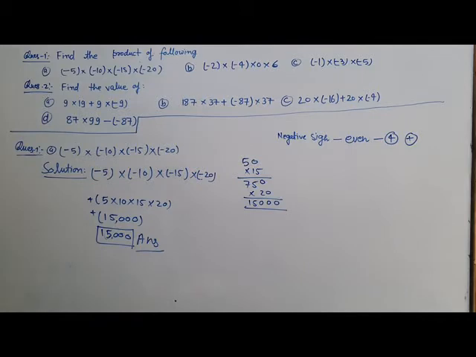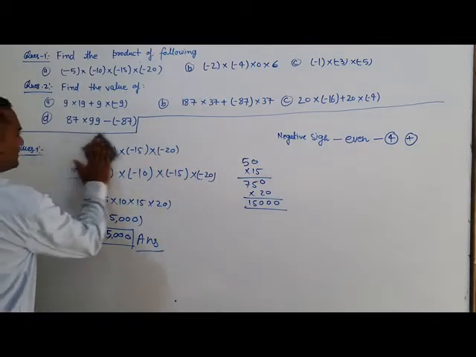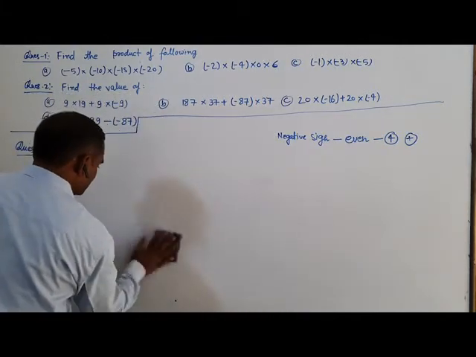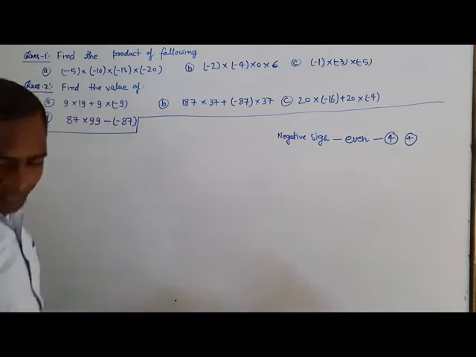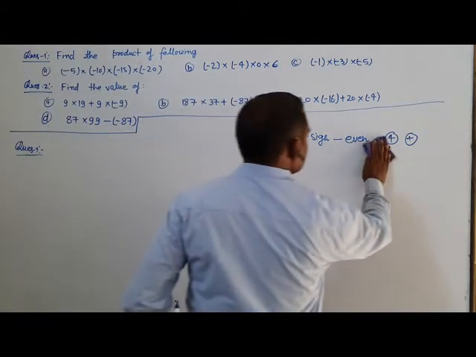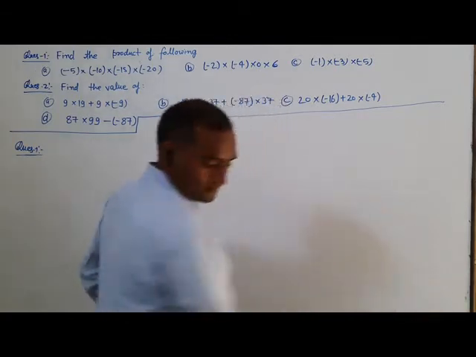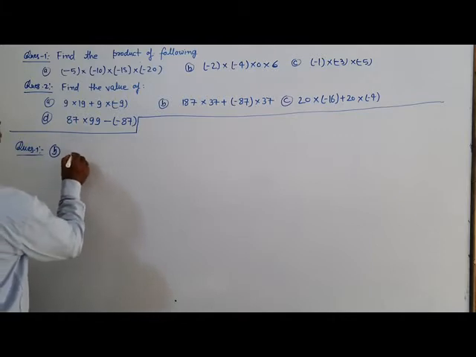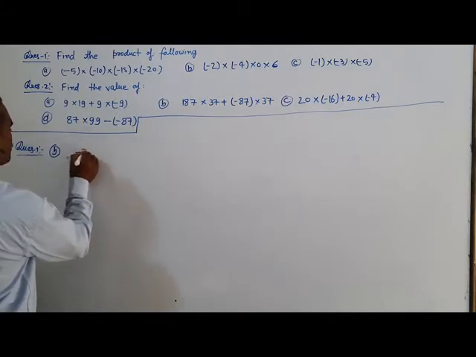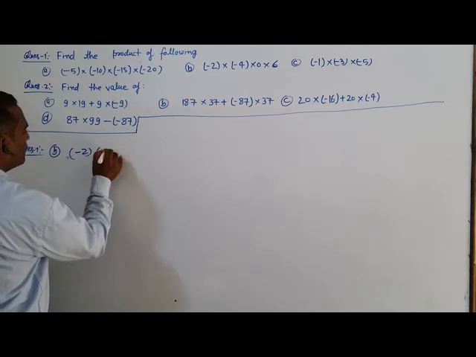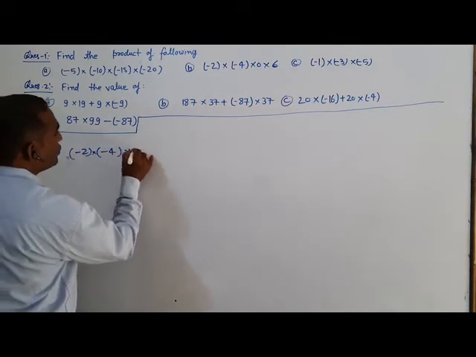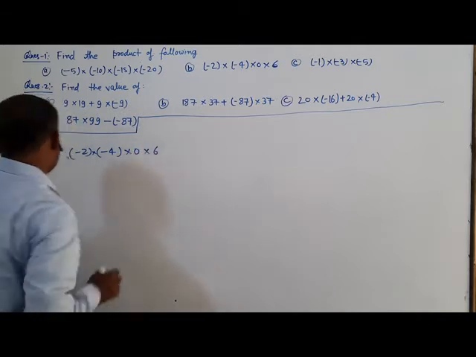So we solve the second option, option B. Option B is minus 2 into minus 4 into 0 into 6.